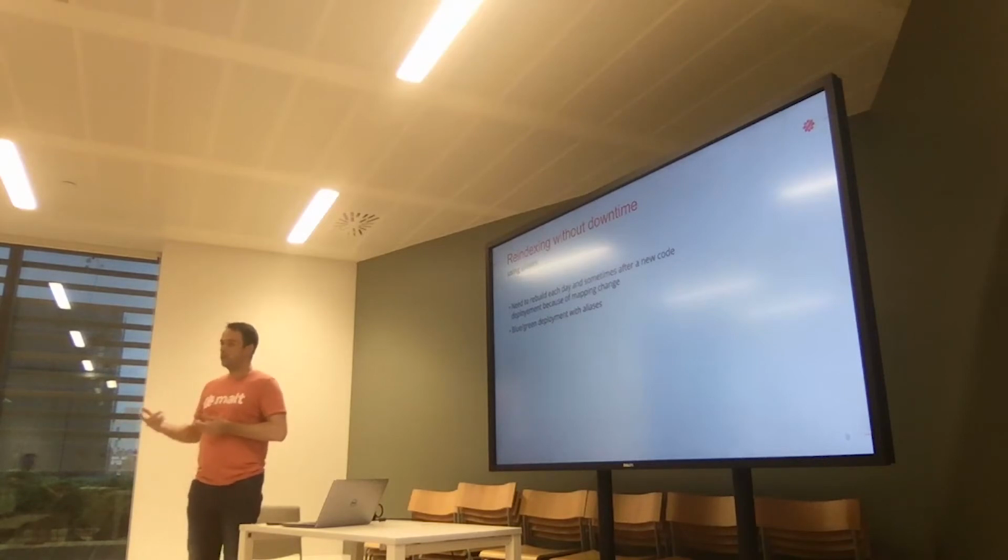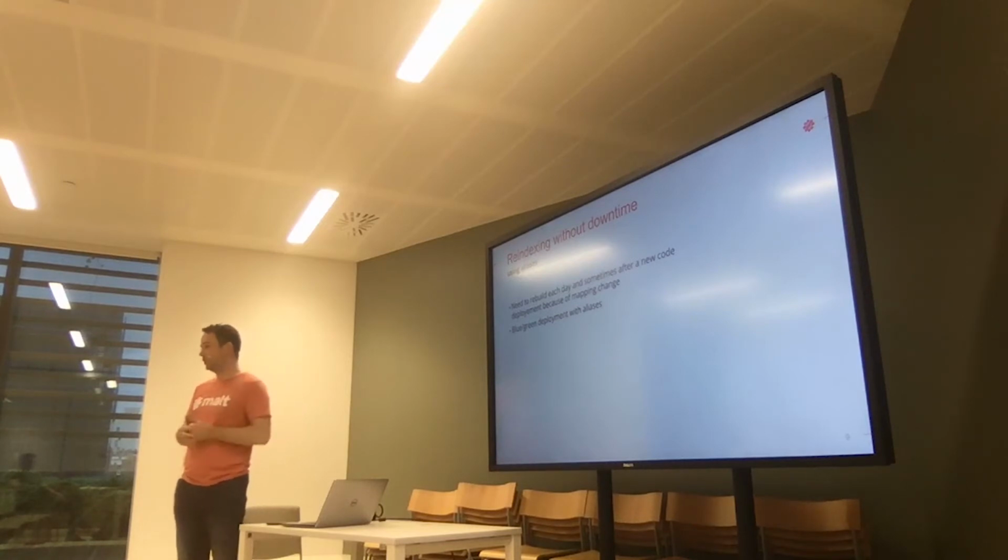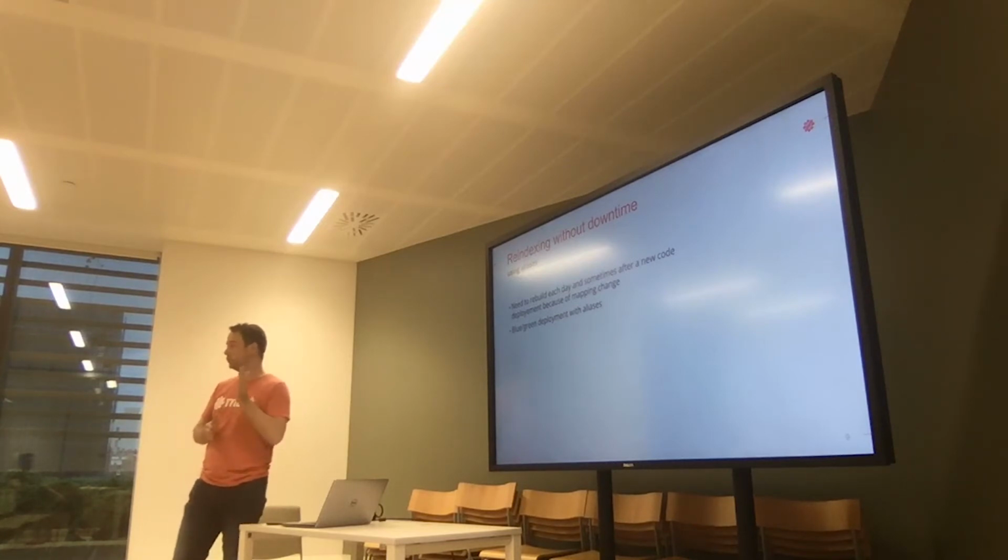You re-index all the data to the green version. At the same time, every new event that leads to another document in your index is routed to both the blue version and the green version. And when it's done, you can just switch the alias to the green version and destroy the old one.